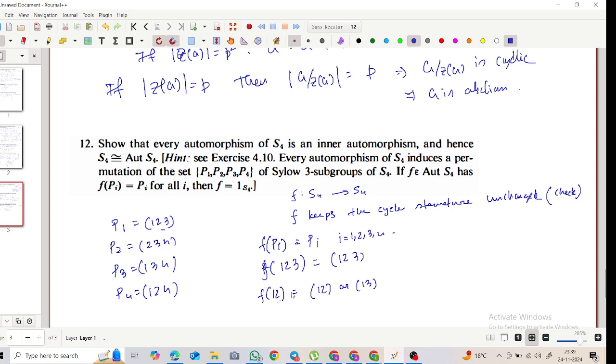So it means f of (1 3)(1 2) is f of (1 3) f of (1 2), right? So f of (1 2) cannot have any other digit apart from 1, 2 and 3. Can it be (2 3)?